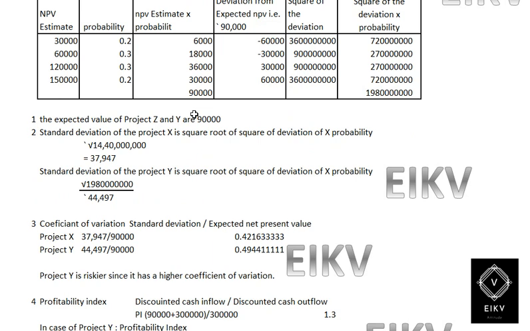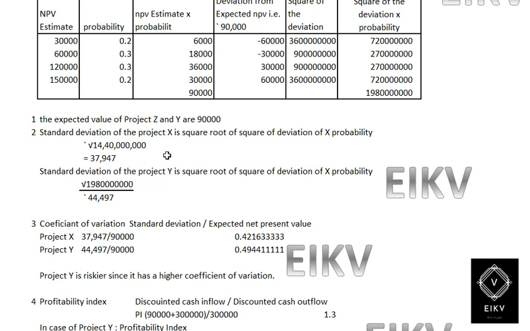So the expected net present value of project X and Y will be 90,000, which is the mean. Now we will take the standard deviation.